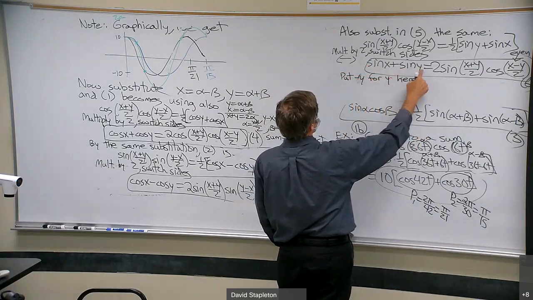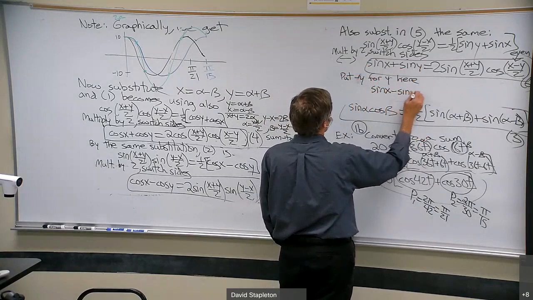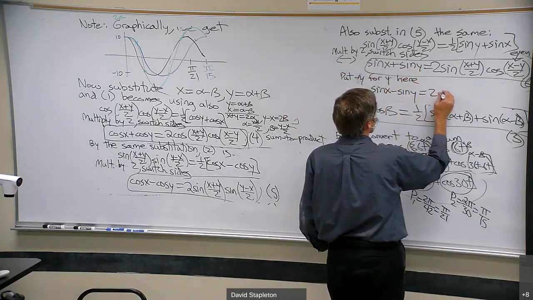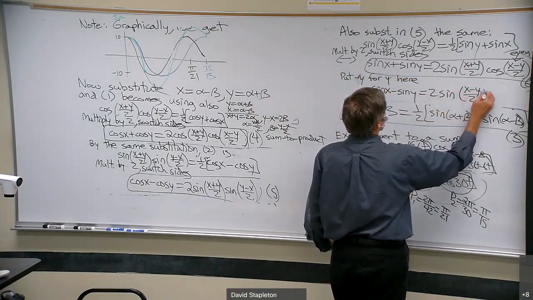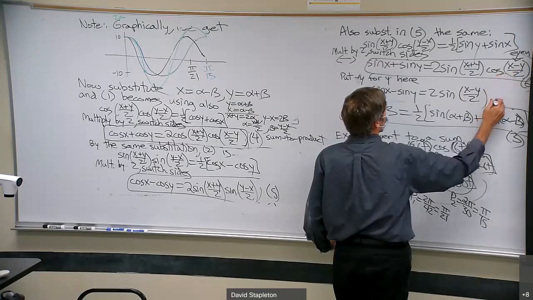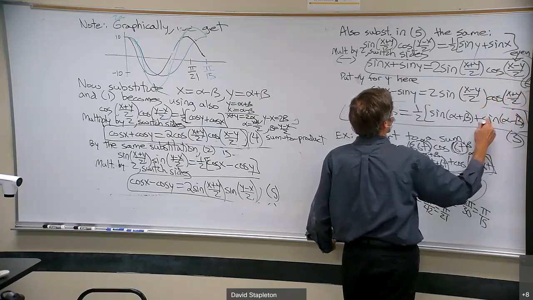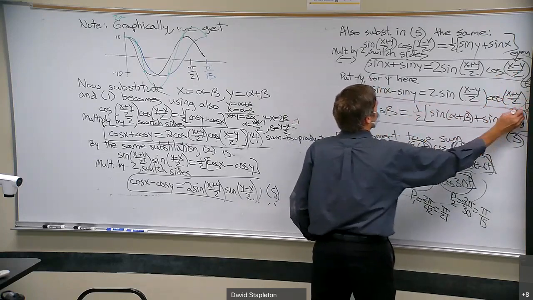So sine of minus y becomes minus sine y. This left side becomes sine x minus sine y. Sine is odd, so when you put minus y, it comes out and writes minus the sine of y. Becomes 2 sine x minus y over 2, replacing y with minus y. And here, this one becomes cosine x plus y over 2. Replace y with minus y. That's 7.